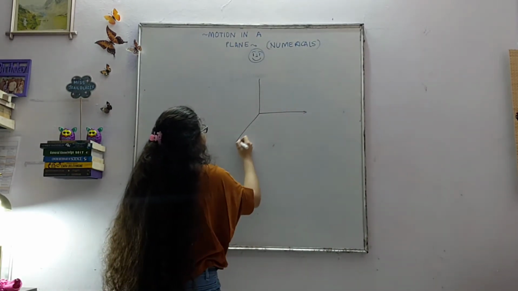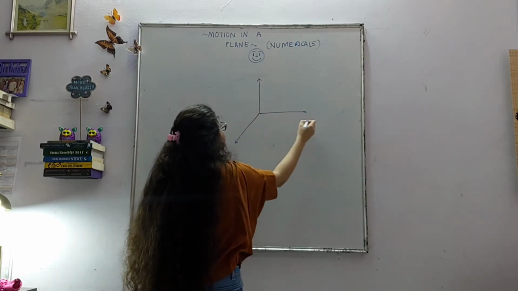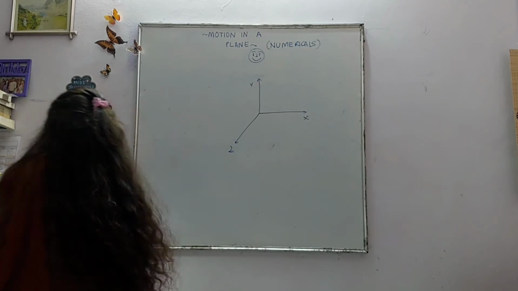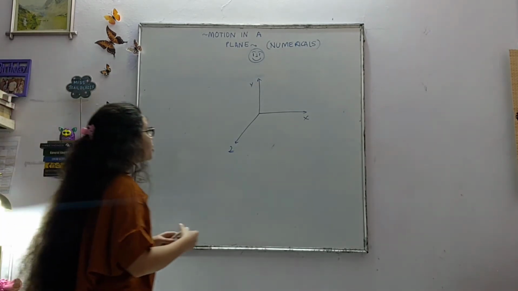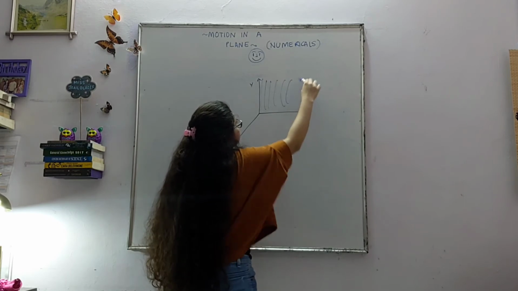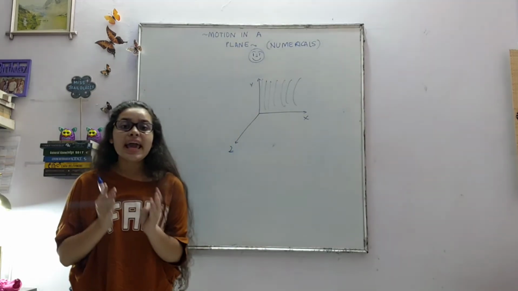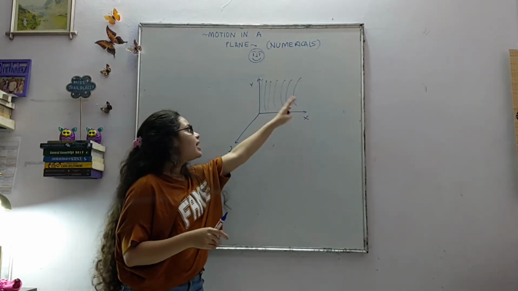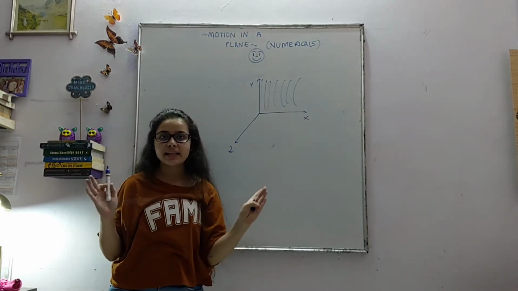You have three axes. You have X, Y and Z. Let me explain this to you first before we go on to the question. This plane is called the XY plane. Okay? Only the X and Y components are used here, nothing else.